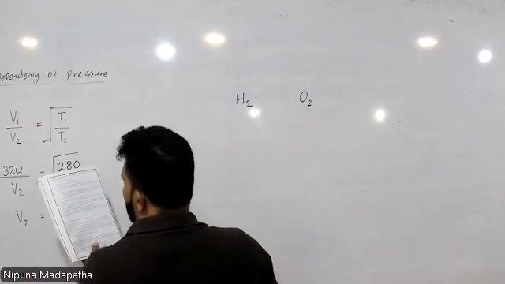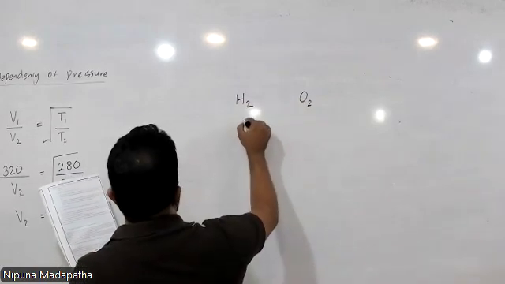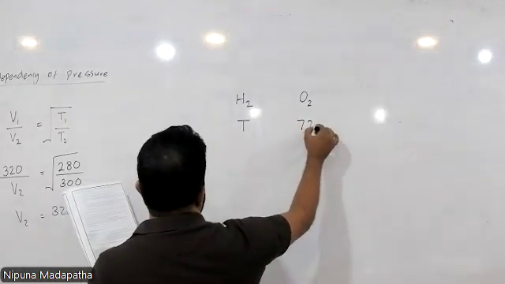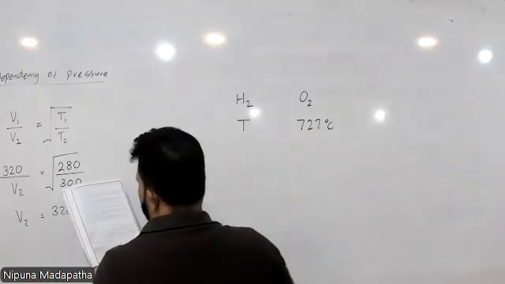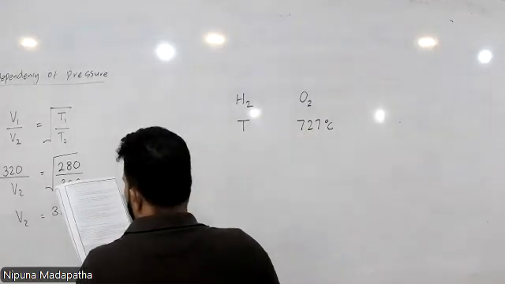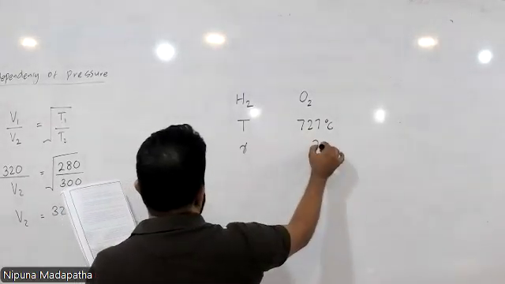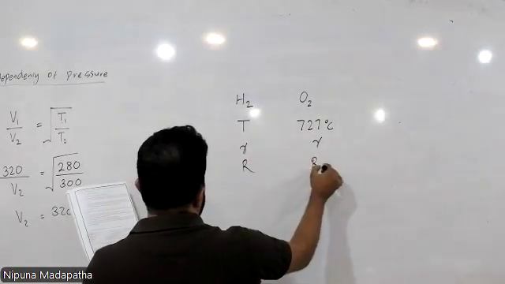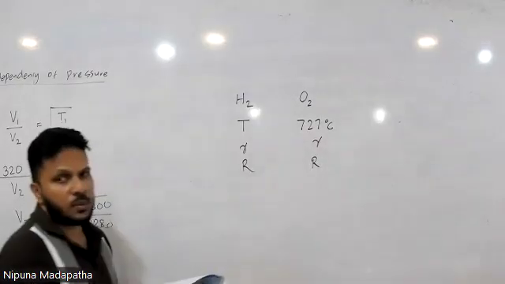What should be the temperature for sound in hydrogen? Let's take the temperature as T. Temperature of the O2 is 727. The value of gamma is the same, R is the same for both. So what is the M value?